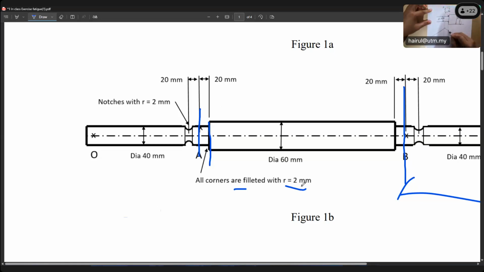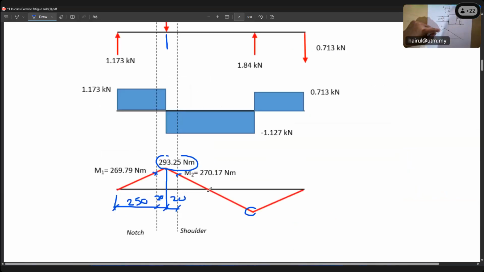The moment at A, where the pulley is mounted, is 293.25 Newton meter, times 1000 for Newton millimeter, right? Here we can get it from theorem Pythagoras, because we know the distance here is 20. The moment at the shoulder is 270.17 Newton meter. We focus first on the shoulder.